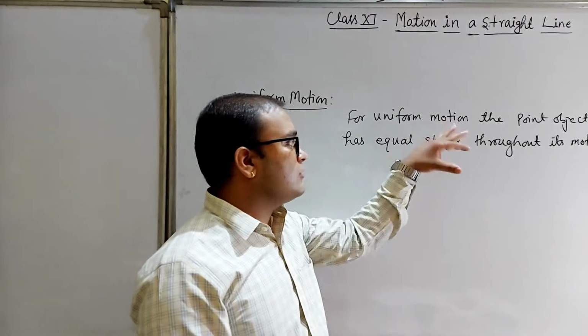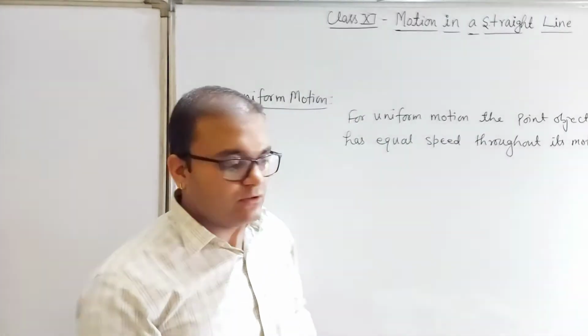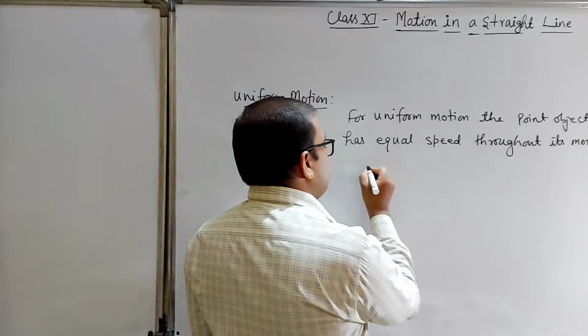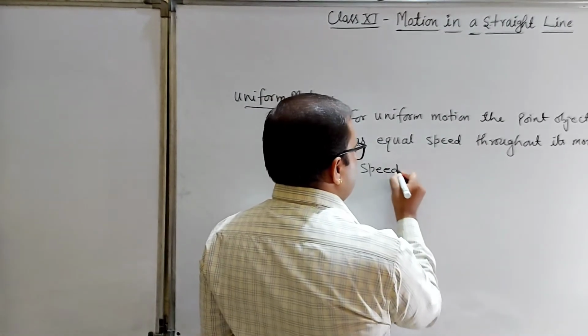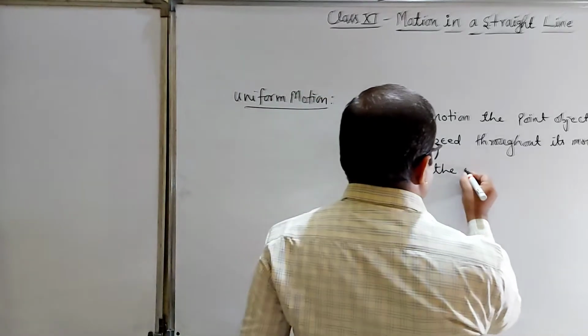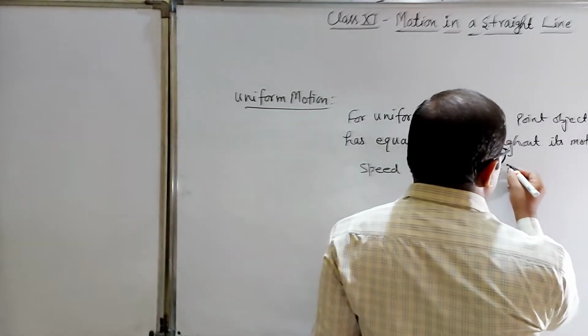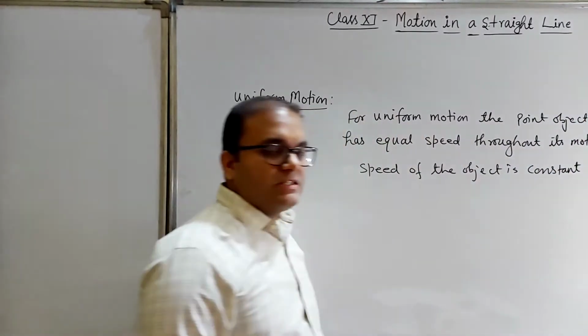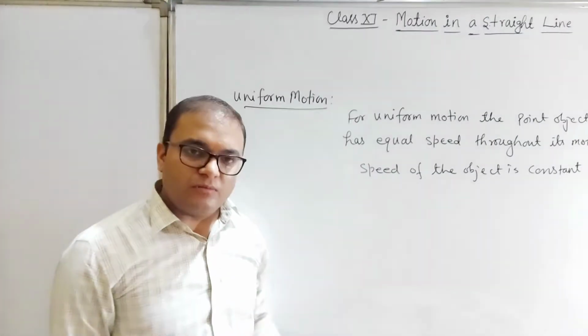So the point object will have equal speed throughout its motion, and we can say that the speed of the object is constant, meaning it remains fixed, for a uniform motion.